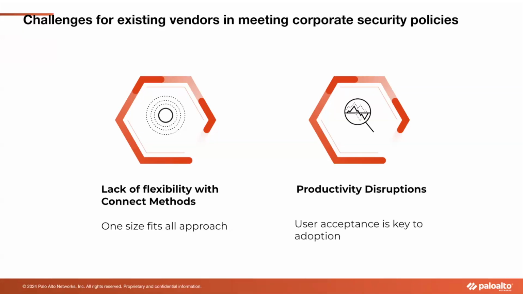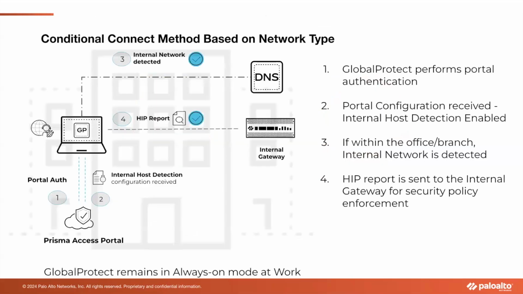So to improve this user experience, we can have the conditional connect setting, so that GlobalProtect can have a dynamically changing connect method based on whether the user is in the internal network or working from a remote location.